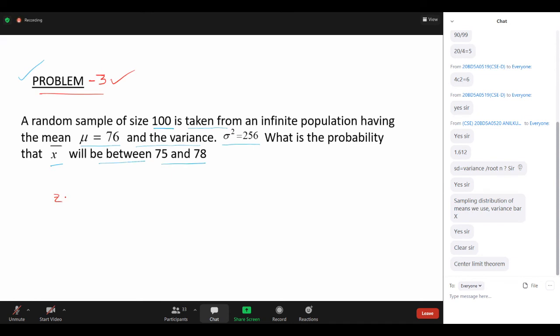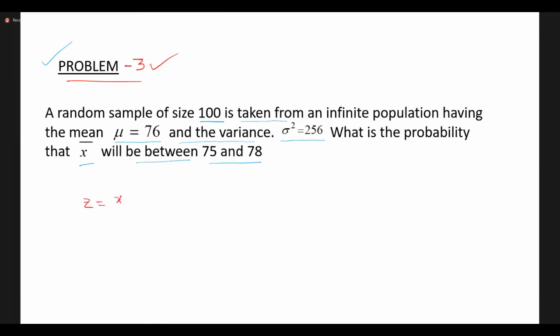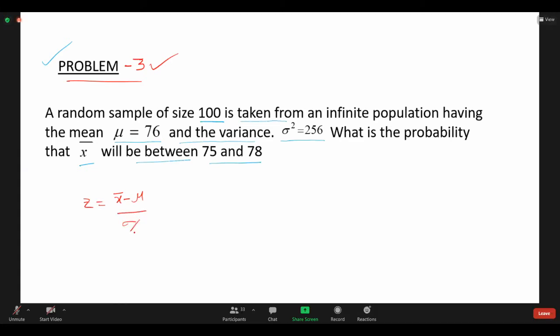Z is equal to x bar minus mu by sigma by root n. What is that value, the final value, or z1 or z2? Yes, the total final probability value. Okay, we'll check. What is z1?